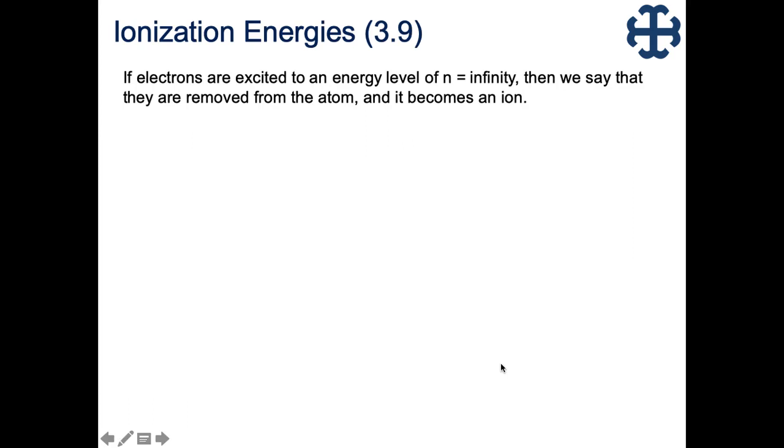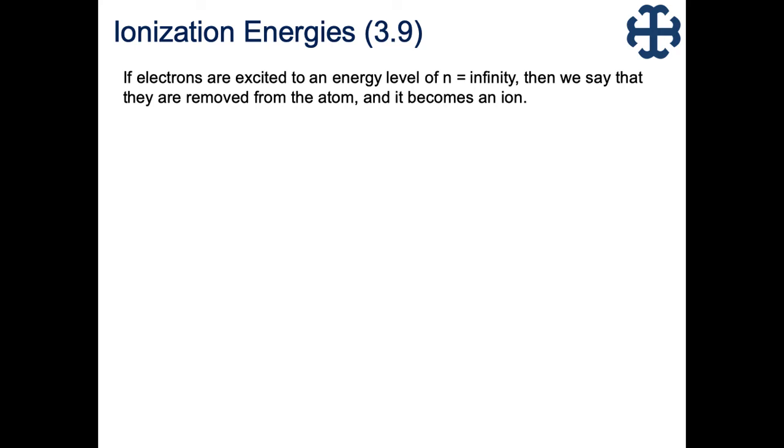Anyhow, moving on to ionization energies. This is something back in our textbook, chapter 3. Last time we talked about what happens when electrons get excited by radiation and then emit that radiation. Once they relax back down, they emit light.